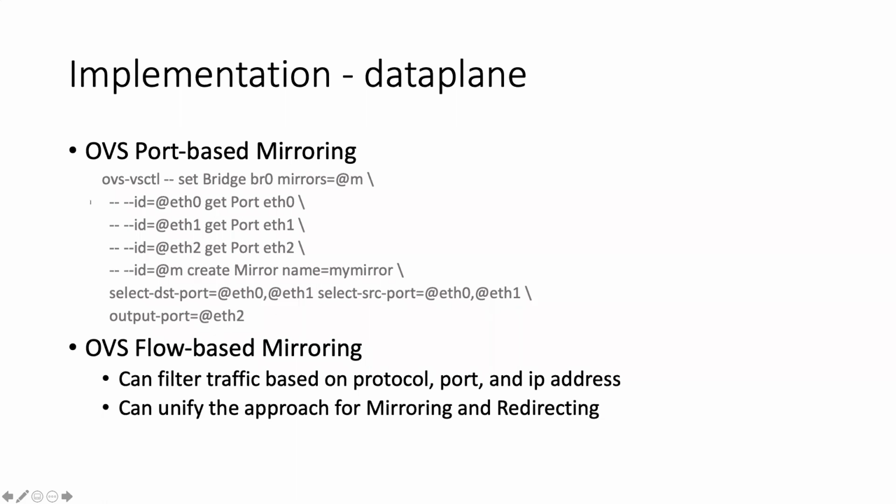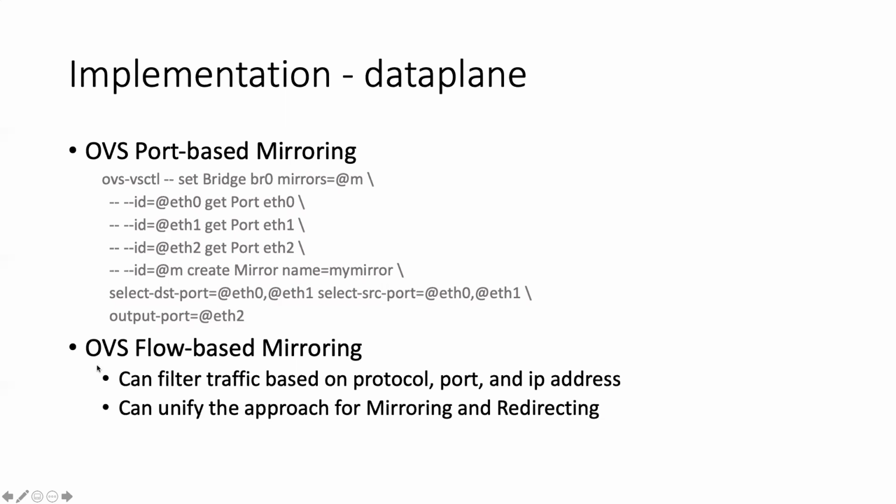As you can see from the arguments, there's no way to specify which protocol to mirror, and port number is not supported. So if we want to have fine-grained control over the traffic, then this way cannot meet our requirement.